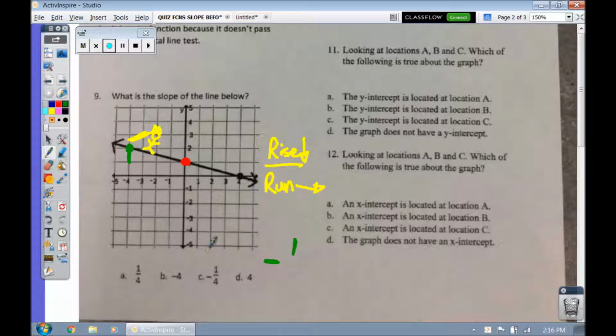So I know it's not A, I know it's not D. And then our bottom number is how many we have to run to the right. 1, 2, 3, 4. And if I continue that pattern, it will constantly hit each point right here on the line. So I go down 1 and over 4, boom, hit another point. Down 1 over 4, boom, hit another point. So our answer is C. Dude.